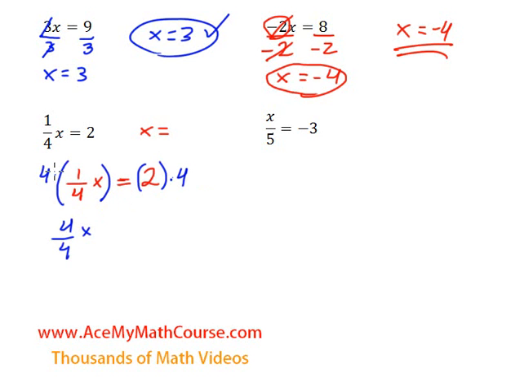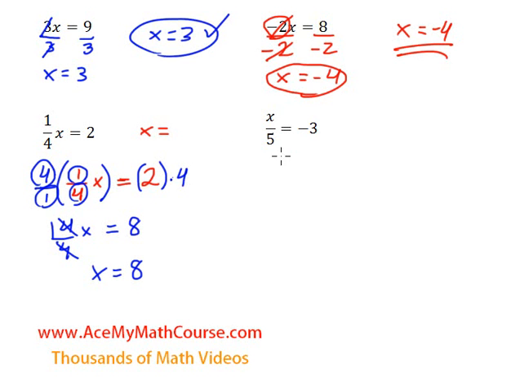Because essentially we just multiply top, top, bottom, bottom. And 4 is just 4 over 1, right? There's a hidden 1 down below here, if we want to make the 4 a fraction. So 4 divided by 4 is just 1. So we have 1x is equal to 2 times 4, 8. So x is equal to 8.